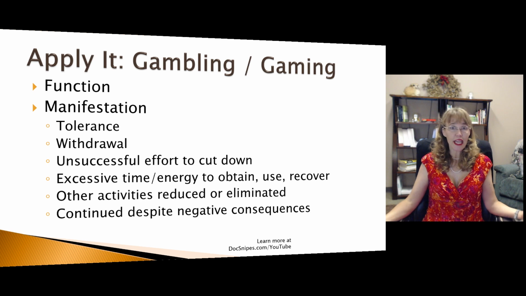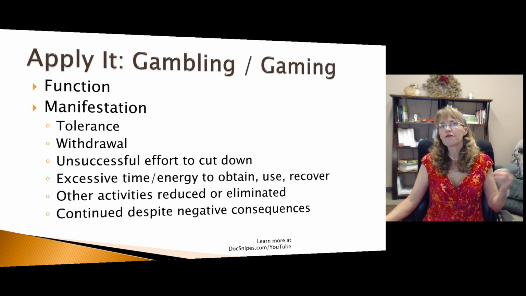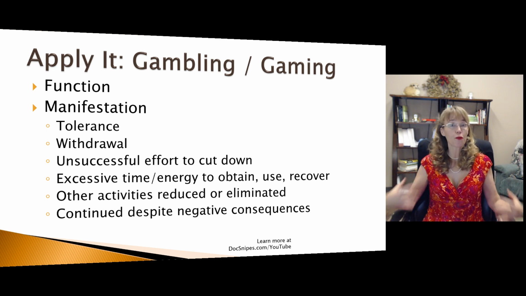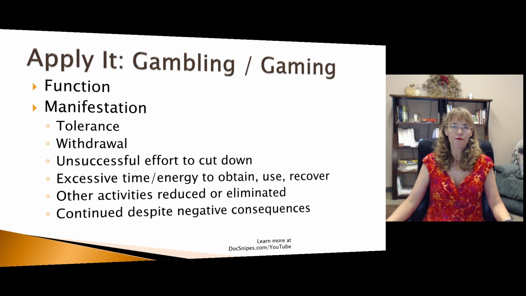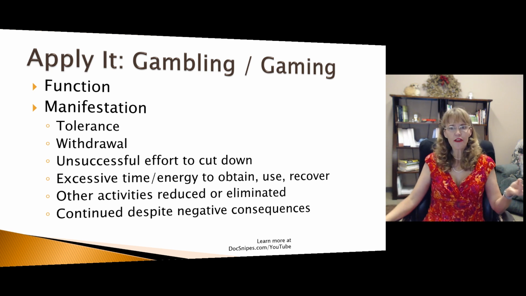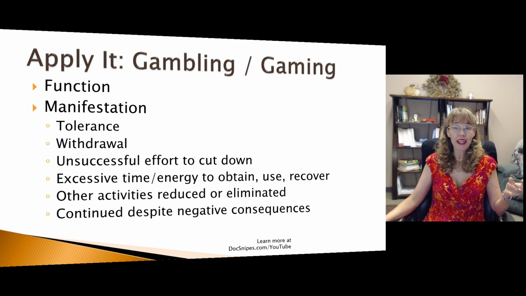Use itself, so the gambling itself or the gaming itself, and then recovering from use, whether it's lack of sleep, financial losses you experience. People who do a lot of gaming also start to develop physical problems, physical pain, some overuse injuries, those sorts of things. However, again, they continue to use. Other activities are reduced or eliminated.